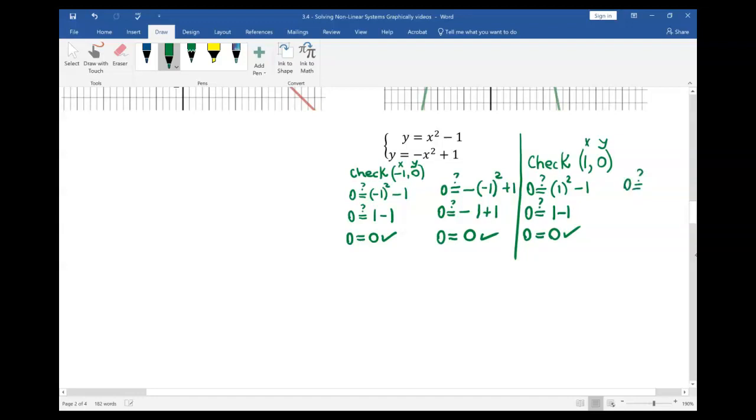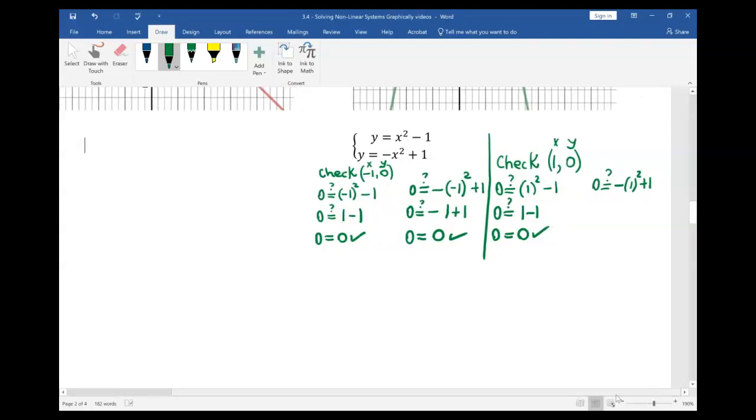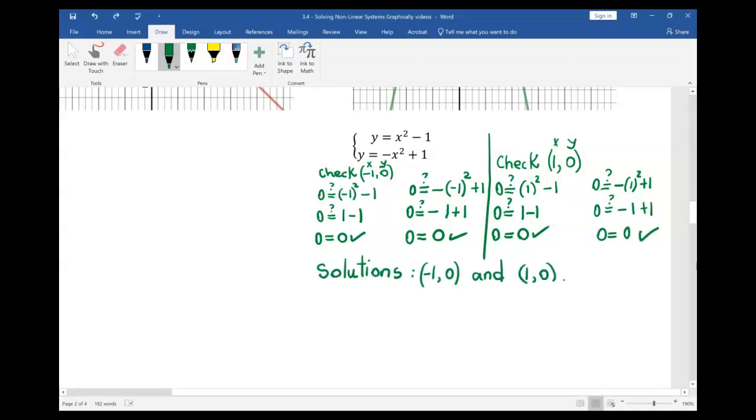Is it equal to negative 1 in parentheses to the power of 2 plus 1? The negative is not affected by the power of 2, so it stays outside. So now let's see. Is 0 equal to -1 plus 1? Yes. 0 equals 0. The solutions of the system are the points -1, 0 and 1, 0.